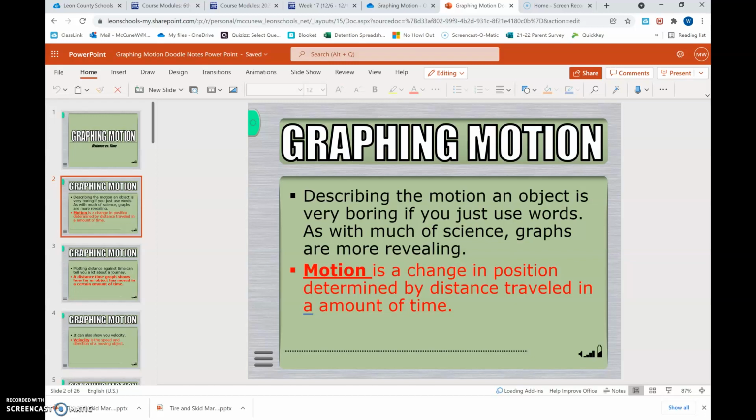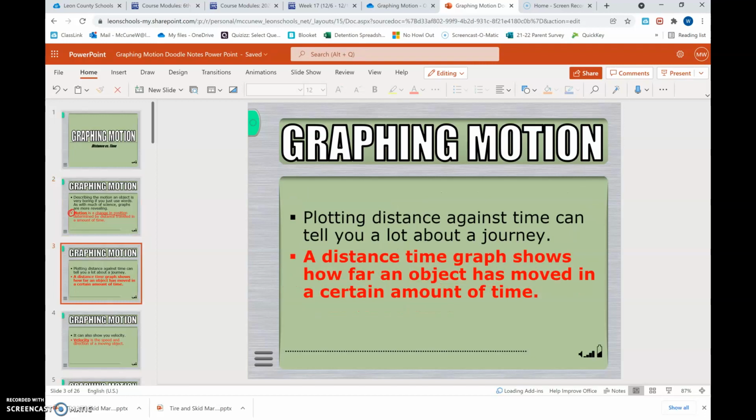So we're going to be graphing motion here, and motion, which is on your worksheet, is a change in position determined by the distance traveled in a certain amount of time. Distance traveled, where it's a change in position. By plotting distance against time on a graph, you can see a journey on a graph, and a distance time graph shows how far an object has moved in a certain amount of time.